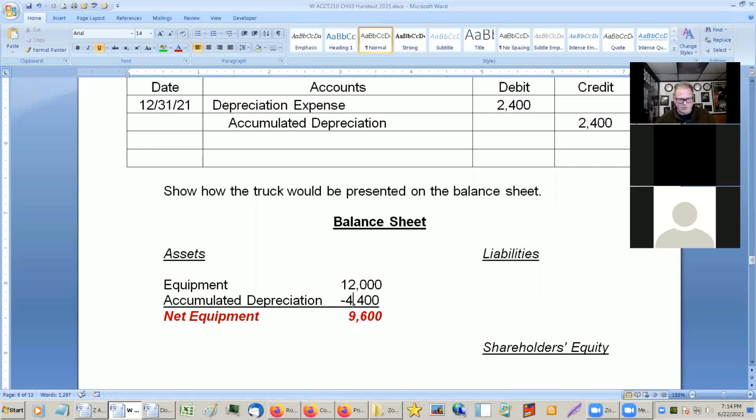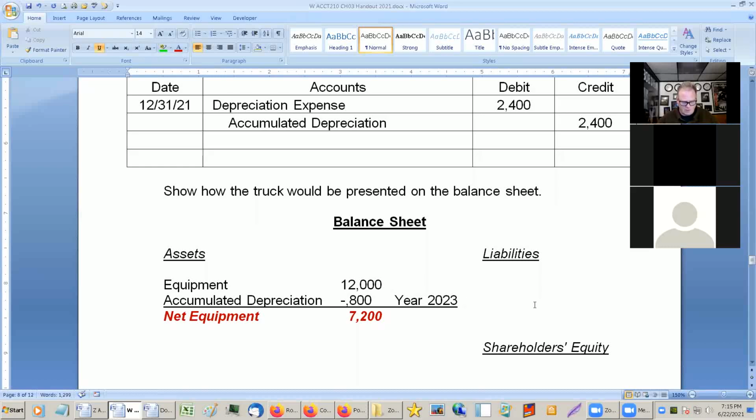So this will look like this. 2,400 plus 2,400 is 4,800, and this would be 7,200. So this would be year 2. In year 2022, this would look like that. In 2023, let's keep going up.